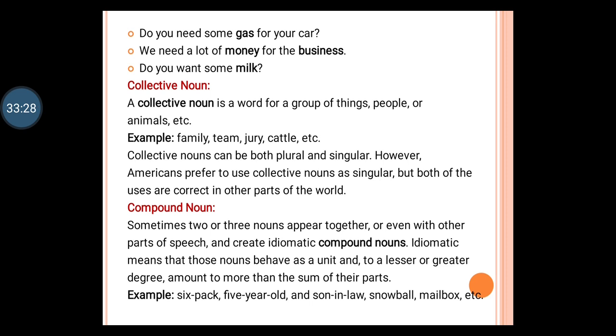Jury. Where do we see a jury? We see a jury in the court. They help the judge to pass judgment when someone is accused of something. In Nigeria, we don't use the jury system in our courts, but in some foreign countries the jury system is used.